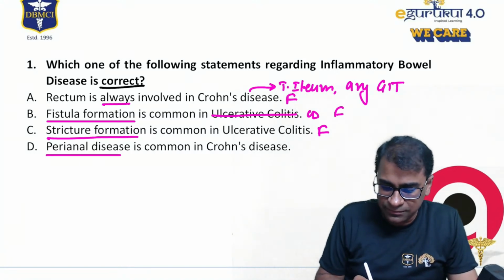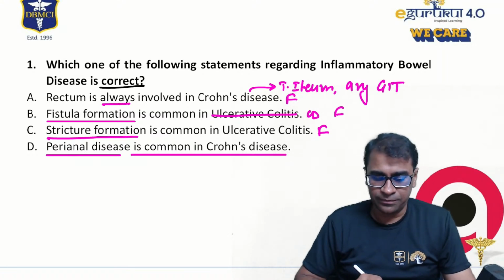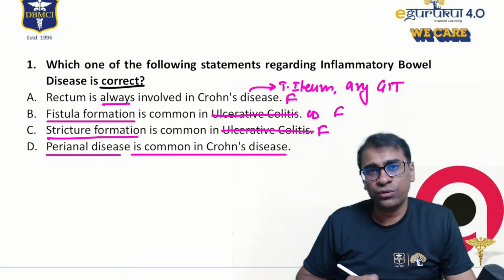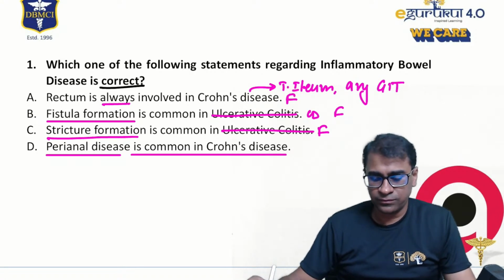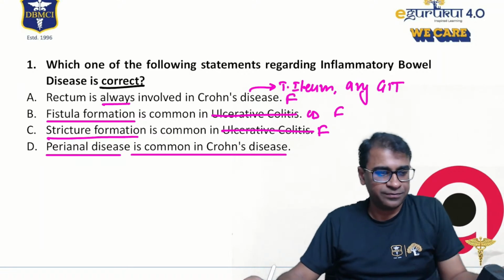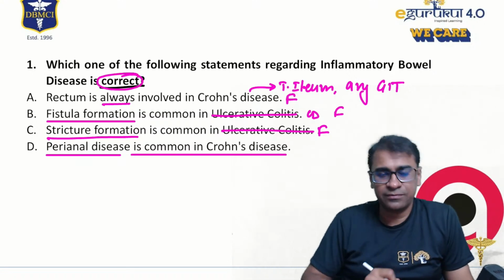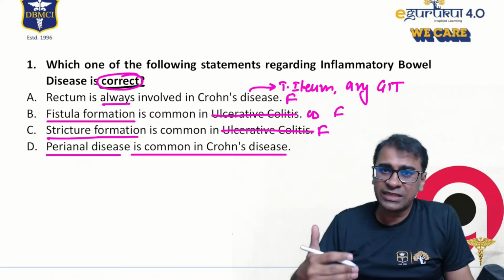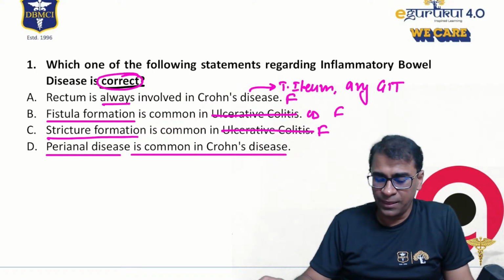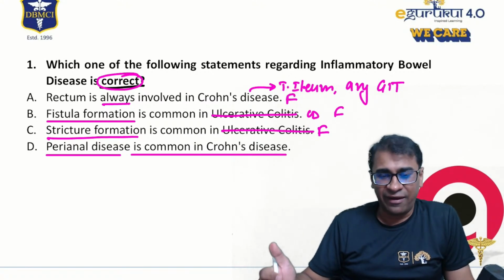Perianal disease is common in Crohn's disease. Tell me, what is the answer here? Rectum is always involved in Crohn's disease. No, that's not the right answer. Always involved is obviously the wrong answer. Fistula and stricture are more commonly seen in Crohn's disease than in ulcerative colitis.